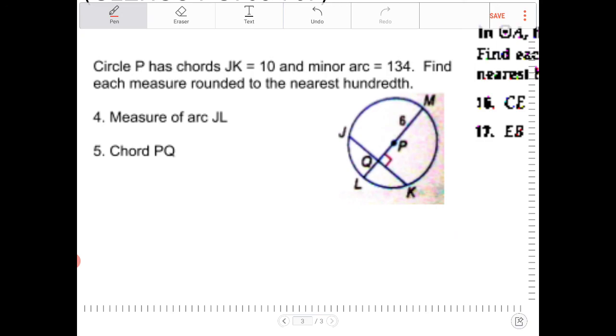I know that if a chord is perpendicular to the diameter, it will be bisected. So therefore, JQ is going to be 5. And I know that LP is going to be 6.